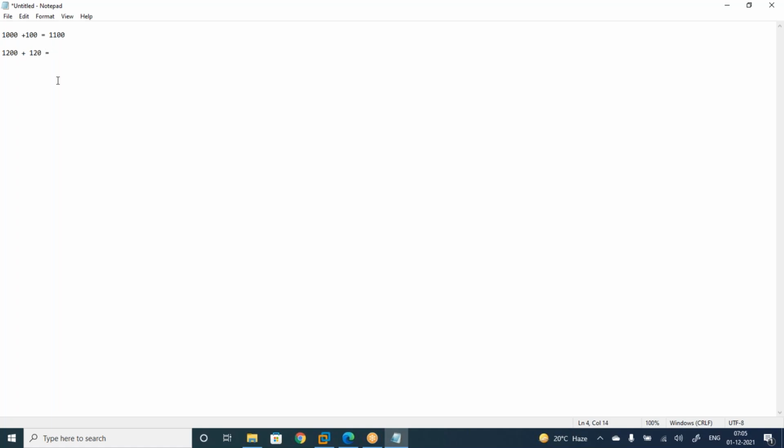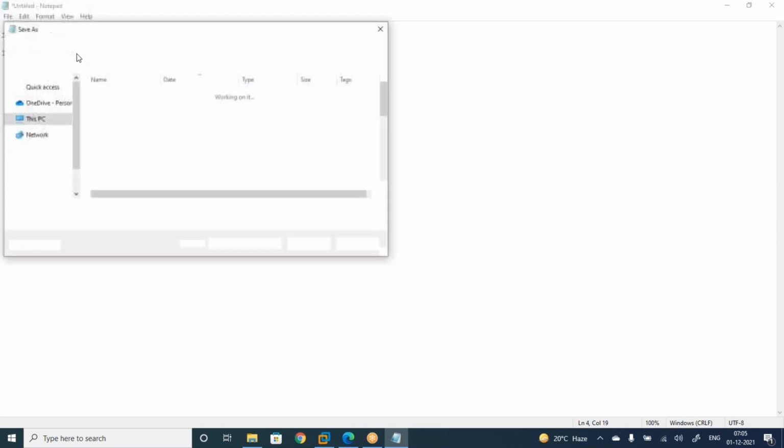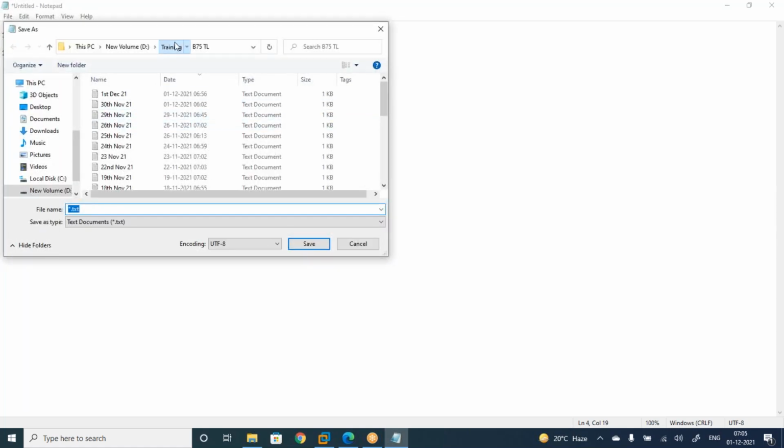Not 1200, I will take 1500, and 150 is the tax. Wherever I was working, that company was paying tax properly.